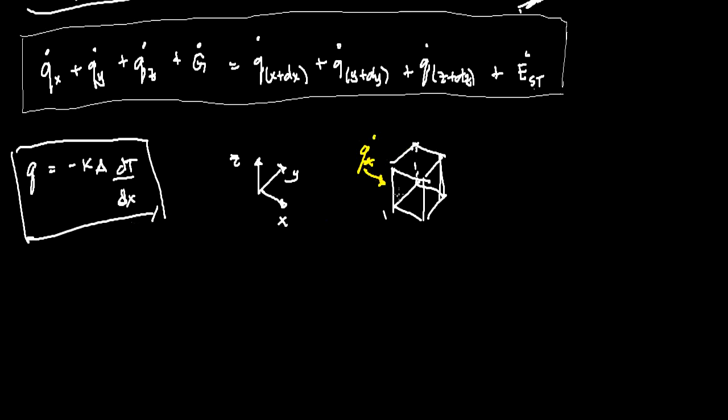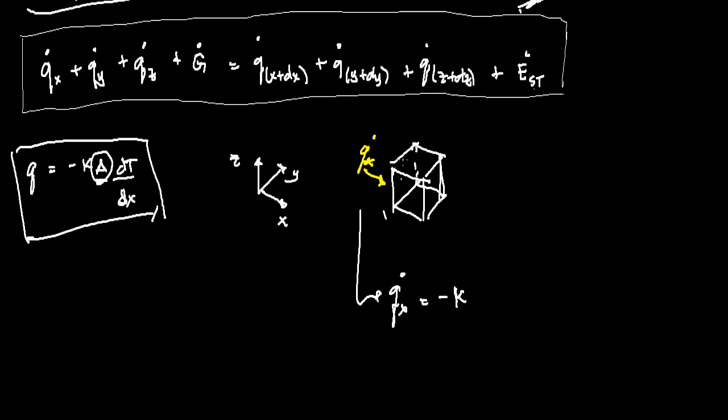By analyzing this, let me relate this general equation based on our Fourier's law. So in terms of this, our qx is, we have the negative k, of course, the property of the material, and then our A.